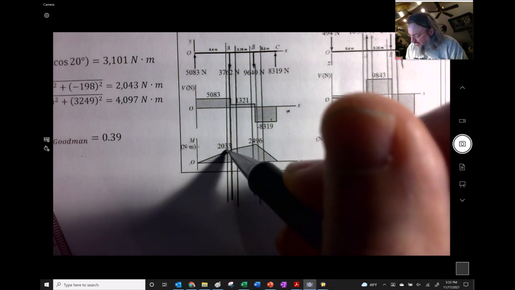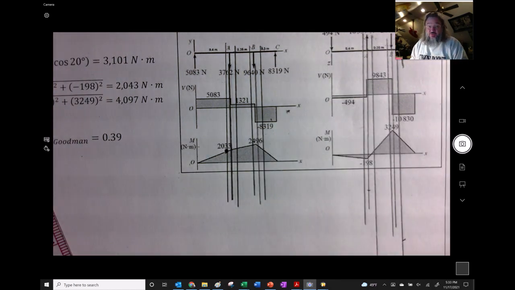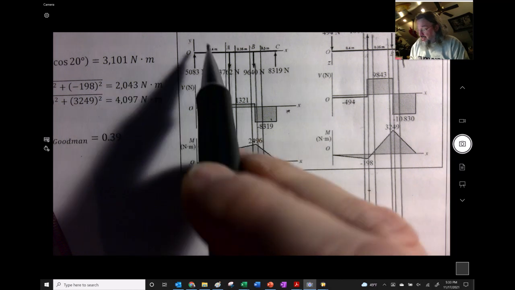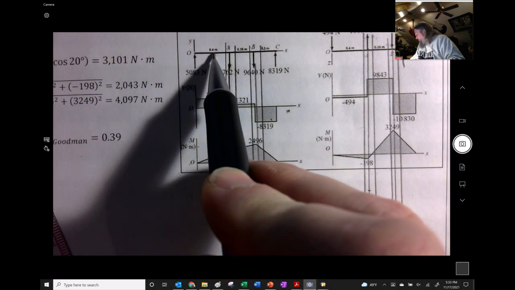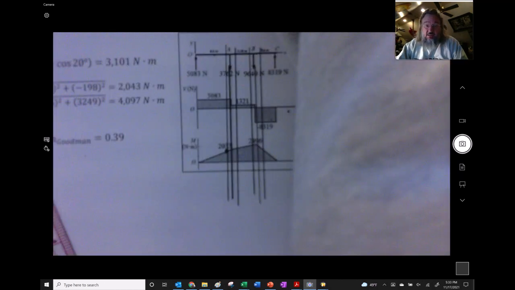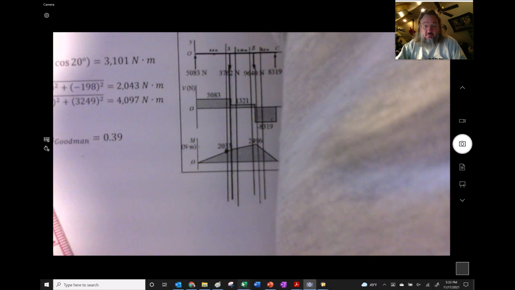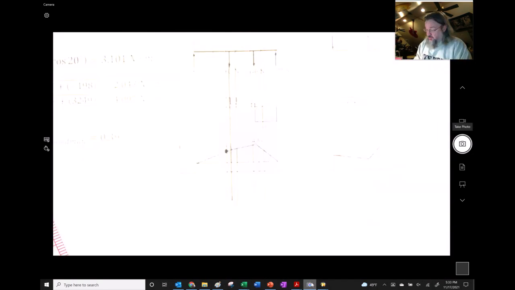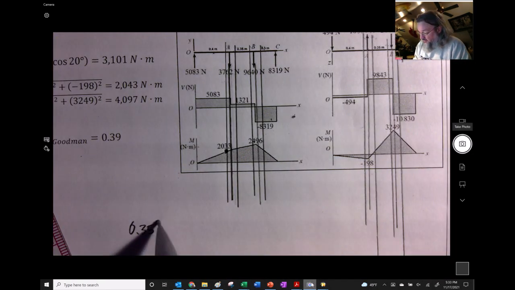So right here in this spot, instead of 0.4, we could take, what did I use? 0.35, right? If I did that correctly. So 0.35 times our 5083.